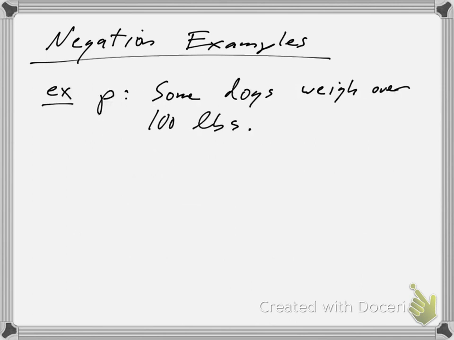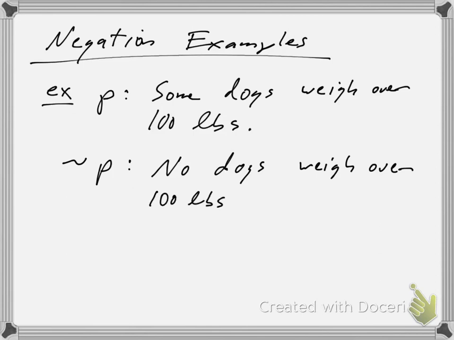Let's do the same example again. Some dogs weigh over 100 pounds. Another way to write the negation, which is equivalent to what we just wrote, is to say no dogs weigh over 100 pounds. Wouldn't that be the opposite?